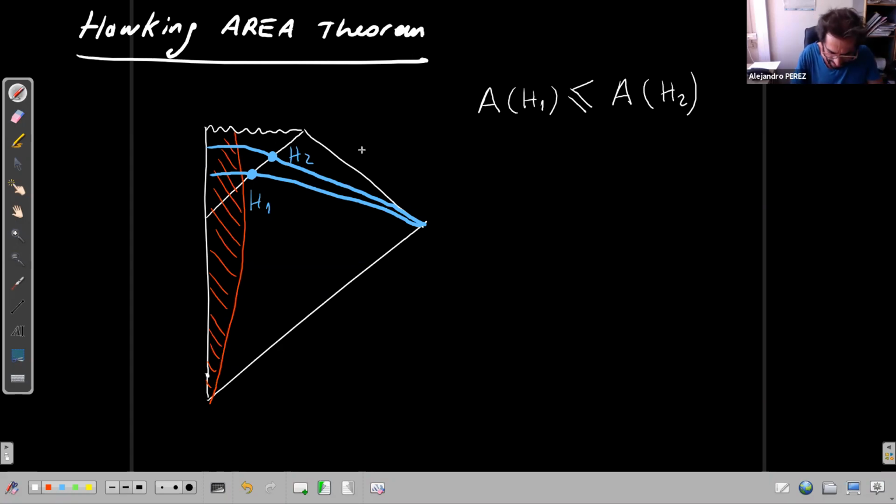So what are the ingredients of the proof of this theorem?